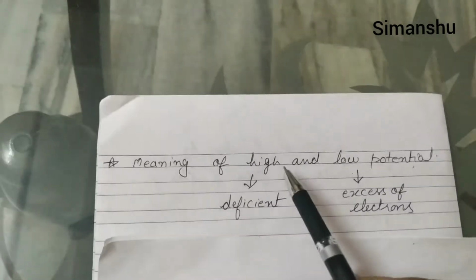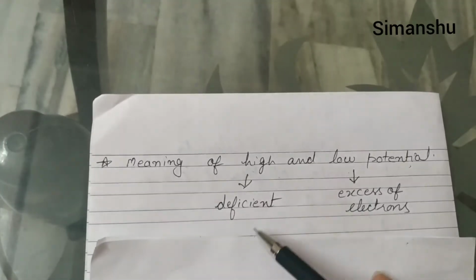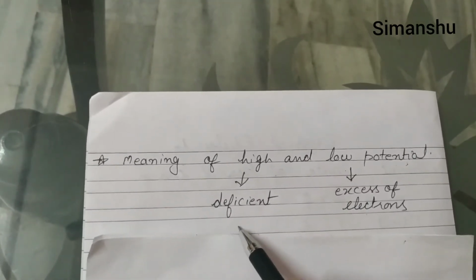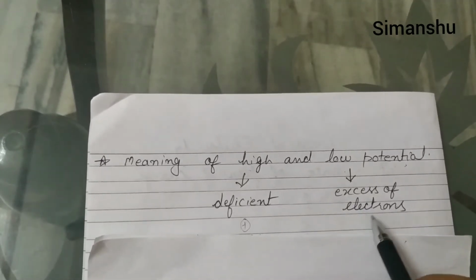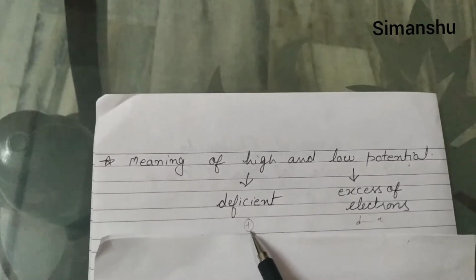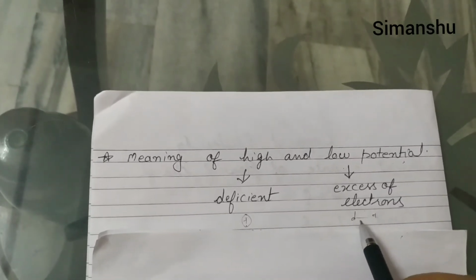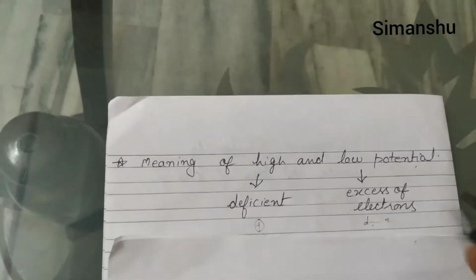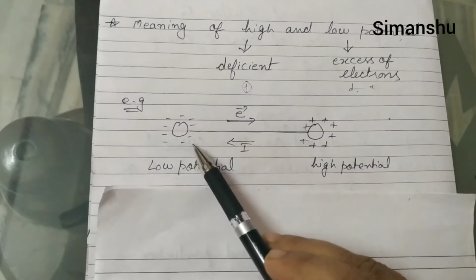If at high potential there is deficiency of electrons, it simply means there is excess of positive ions, and where there is excess of electrons there is deficiency of positive. So that is why positive charge will move from high to low potential. Got it? Okay.